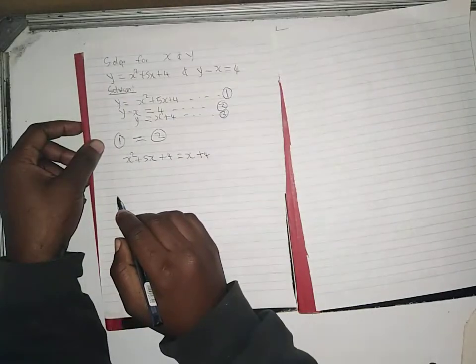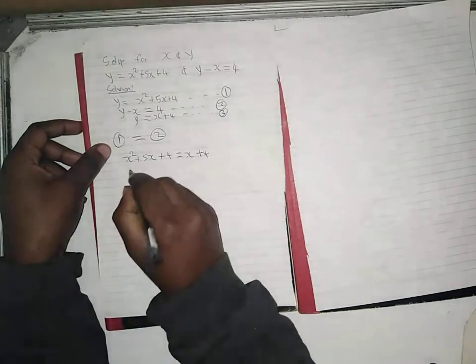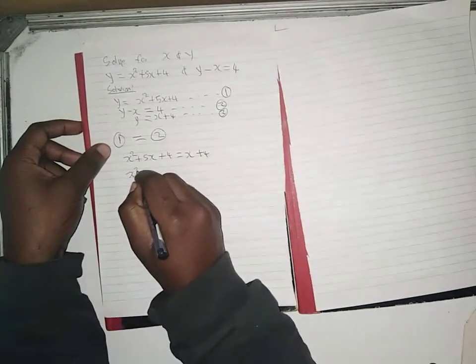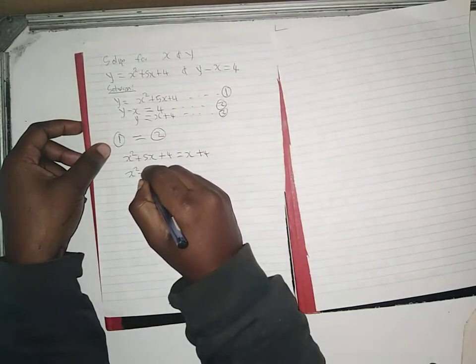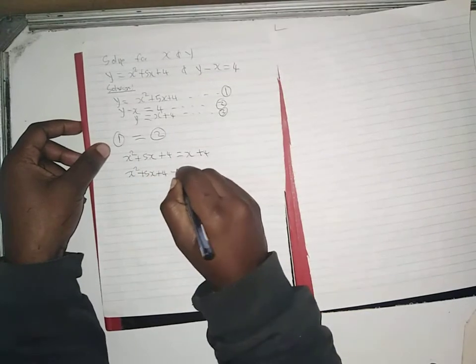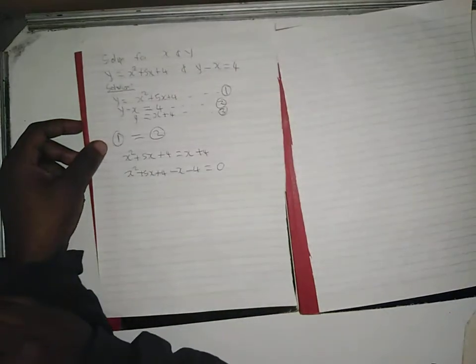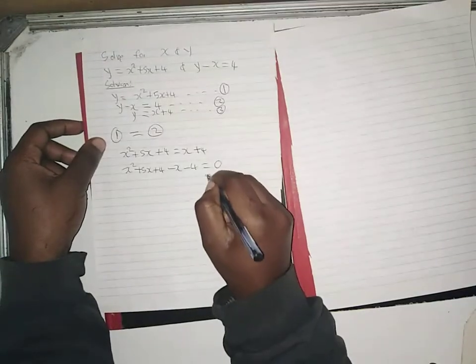Then you take all the numbers to this side because you want to remain with 0, so that life will be so much easier for you. So you end up with x squared plus 5x plus 4 minus x minus 4 equal to 0.